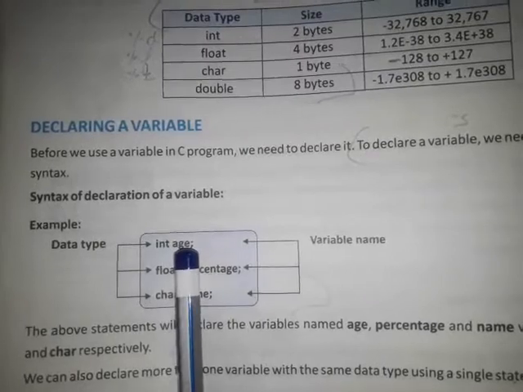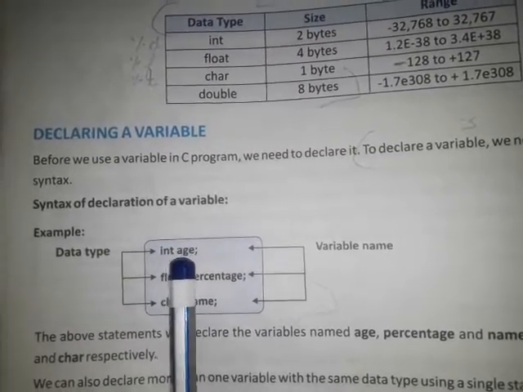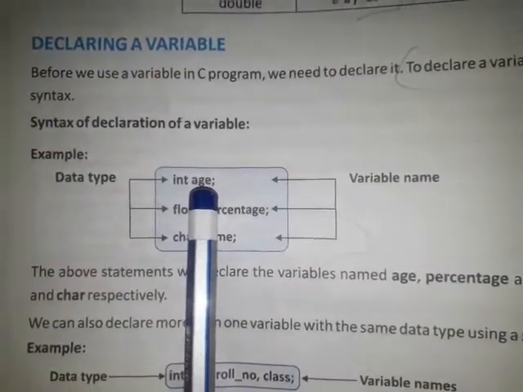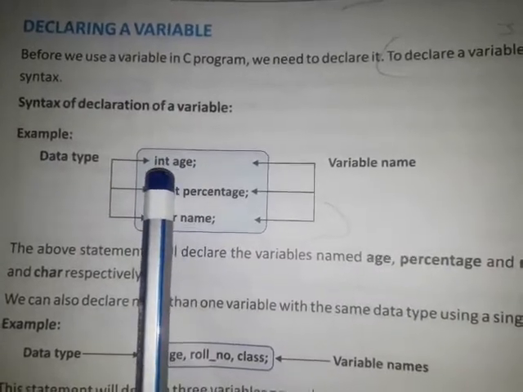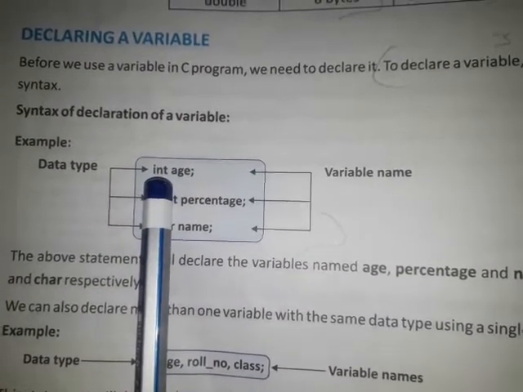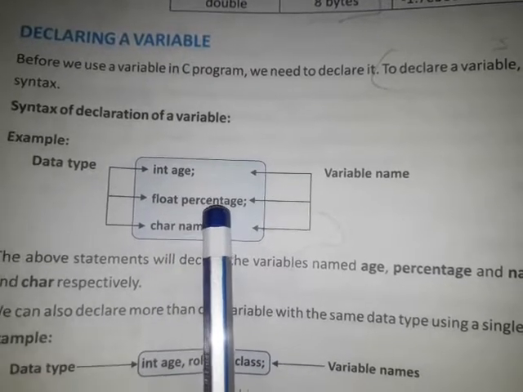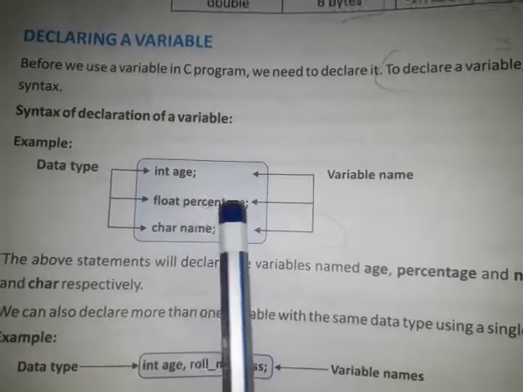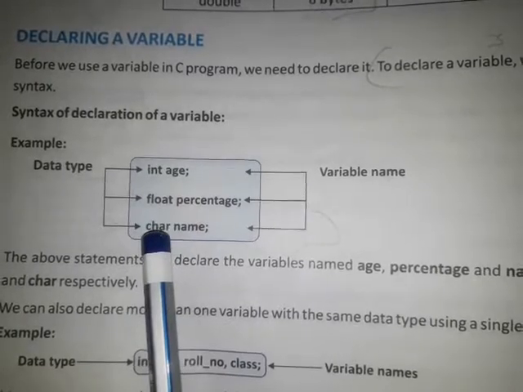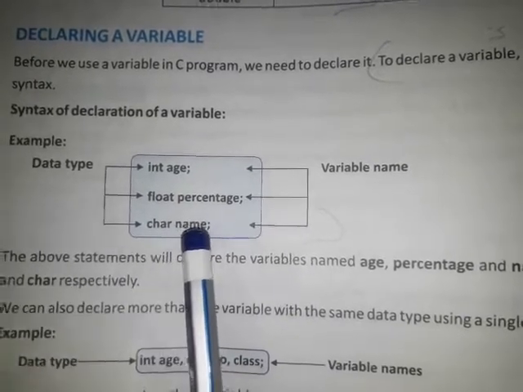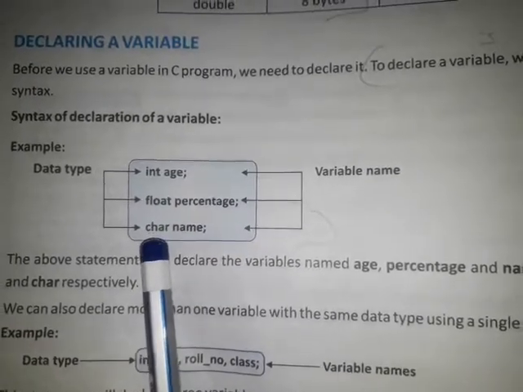The syntax of declaration of a variable is, look here. This is the declaration: int age. Here age is our variable and we declare it as integer type. We declare another variable, float percentage. Percentage is our variable, it is of float type. We declare another variable, char name. Name is a variable whose type is char.